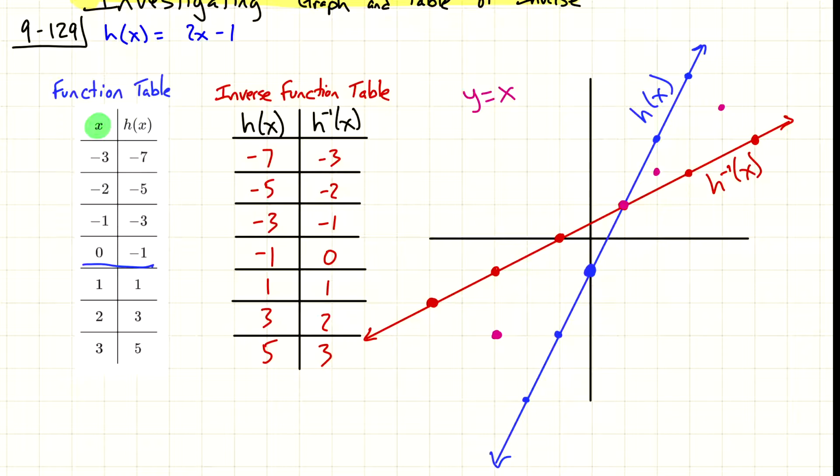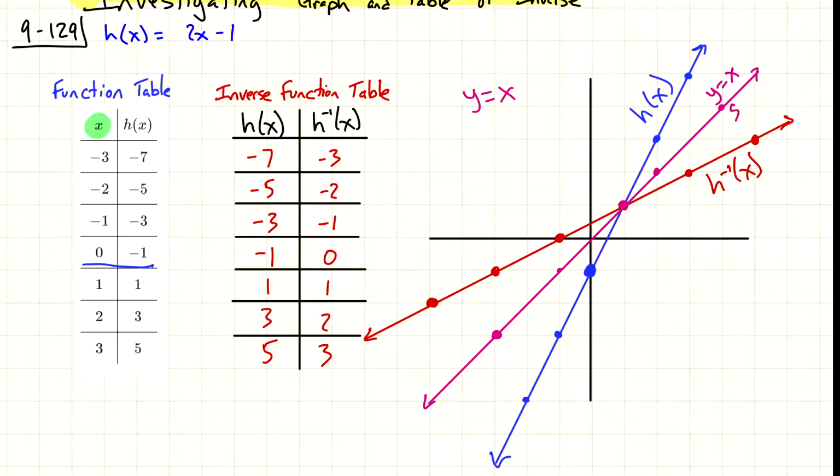If I draw a line through all those points, I'm left with this line right in the middle, which is y equals x.